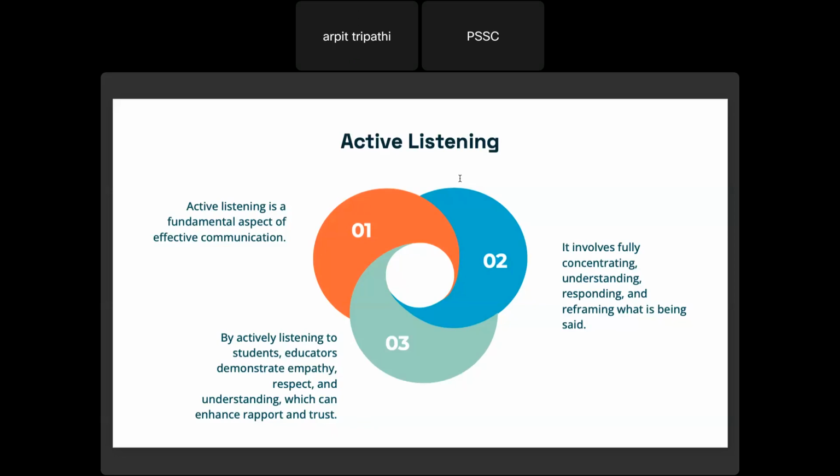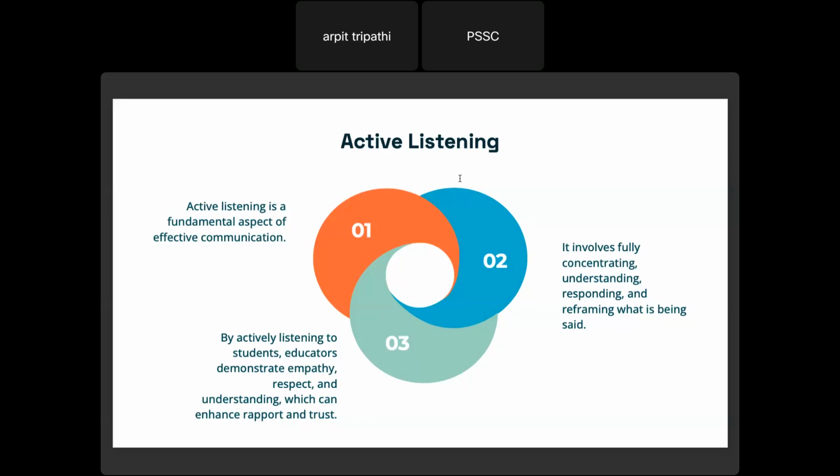If you use clear and concise language in discussion in any subject, of course, it increases accessibility, because clear and concise language promotes inclusivity and accessibility in education by ensuring that all students, regardless of their background or language proficiency, can understand the material effectively.